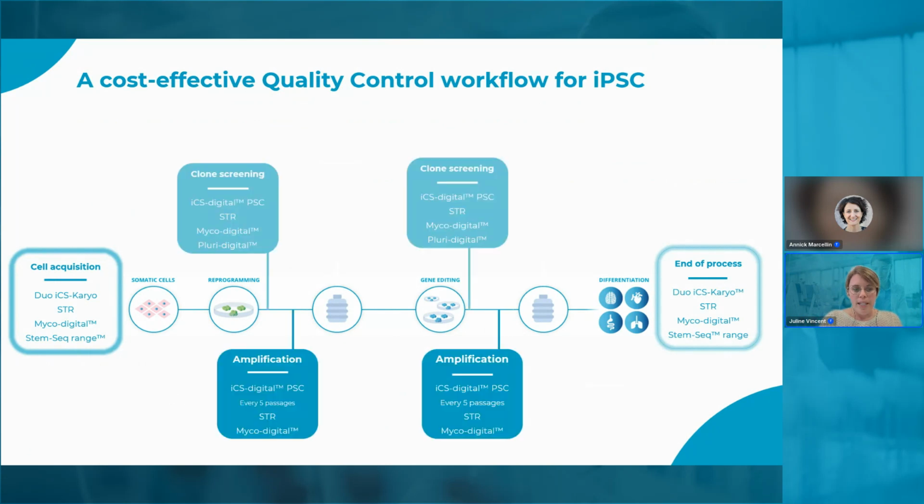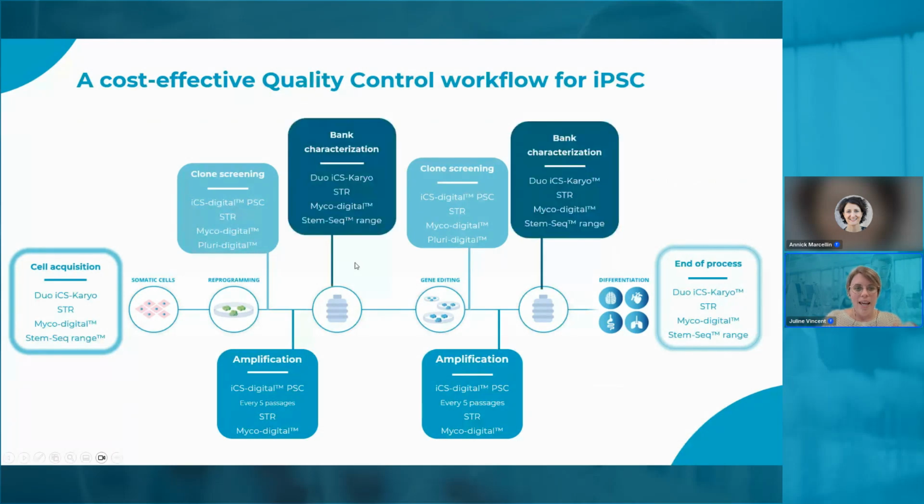During amplification and after clone screening, it's important to assess genomic stability, identity, and sterility. For clone screening, pluripotency must be checked too. For critical steps such as banking, we recommend the most exhaustive characterization to be sure of your backup cell lines.